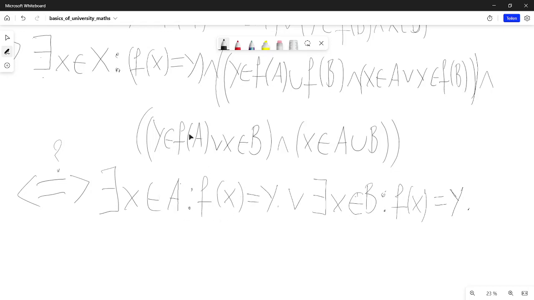All right. Now y element f of A or x element B. Well, x element B doesn't fit, but we don't care because y is element f of A based on that. We have had that already here, but let's look at that another time. So this is true. And finally, we have to establish the truth of x element A union B. Well, x is in A, so this is established. And this is indeed established.